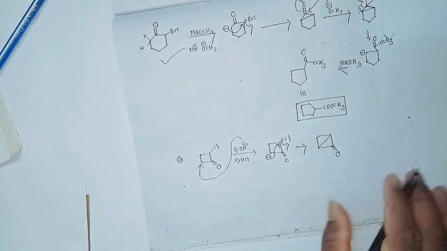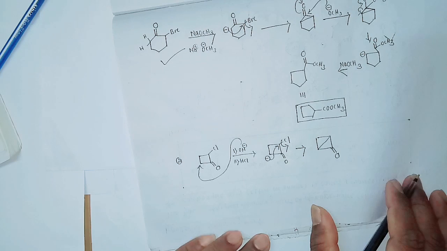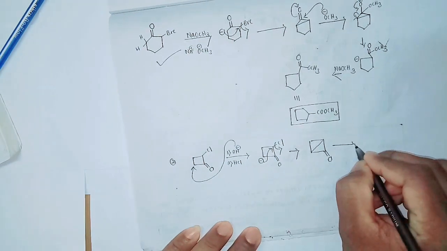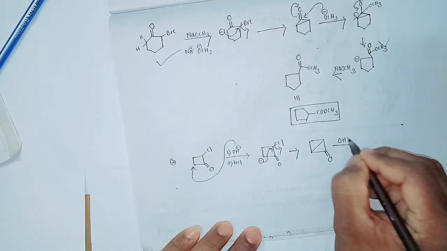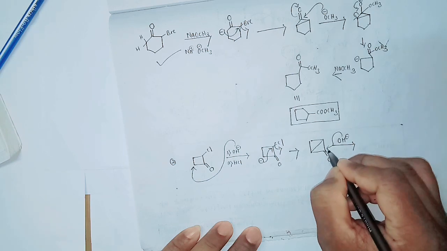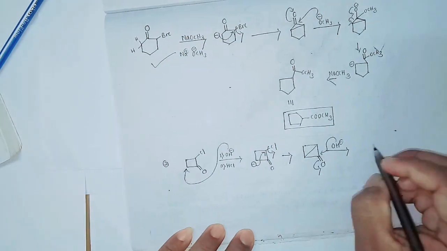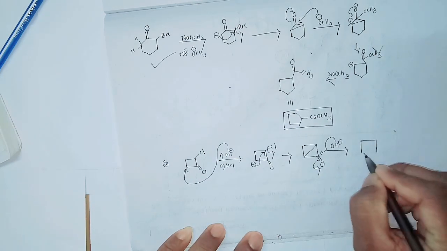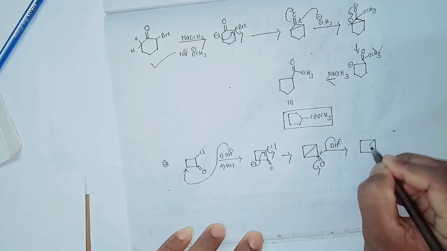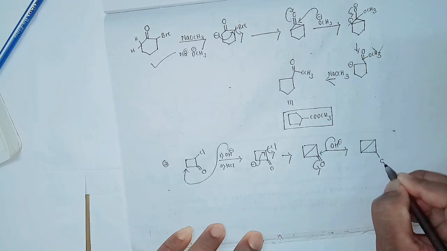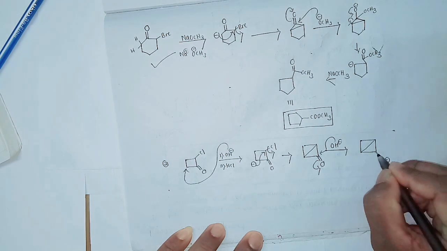Then in our solution we have OH minus. Again OH minus will attack the electrophilic center, then this bond shifts towards this side, and finally we get this type of structure. This is the OH group.